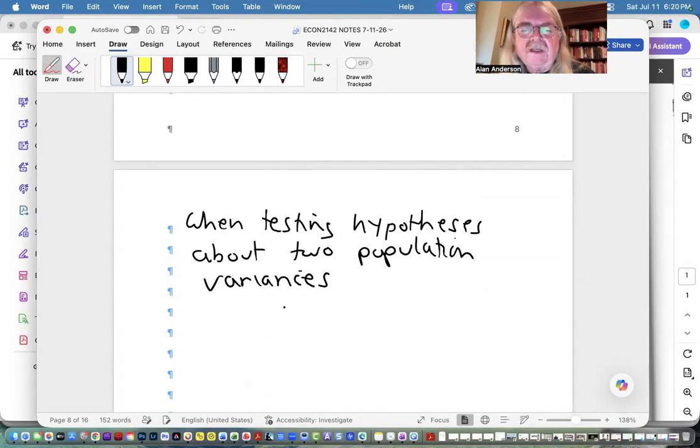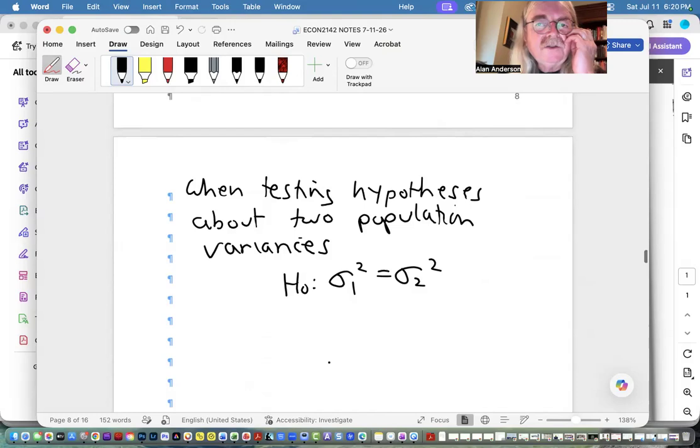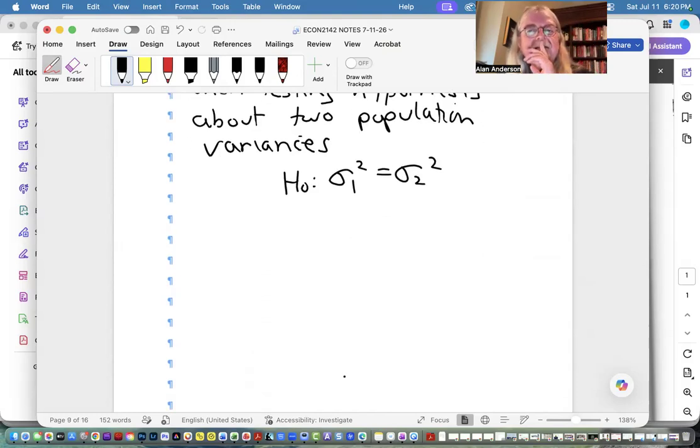It would look like this, as you can imagine. It's the other part that's different, the alternative hypothesis. There's a strange twist here.